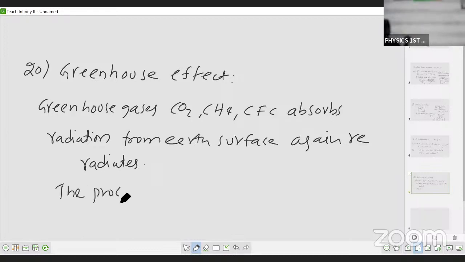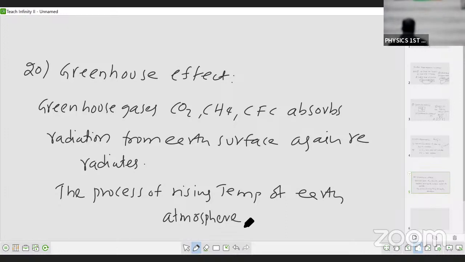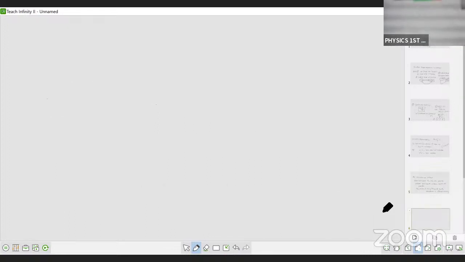The process of rising temperature of the Earth's atmosphere is global warming. So this question, greenhouse effect with global warming, was a recent annual exam question, students.